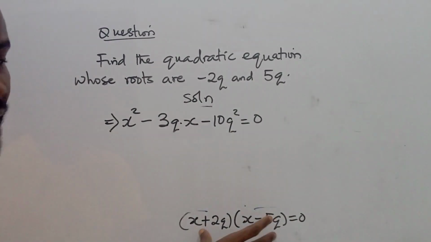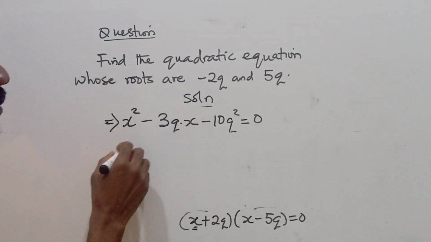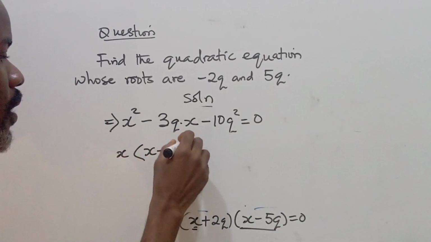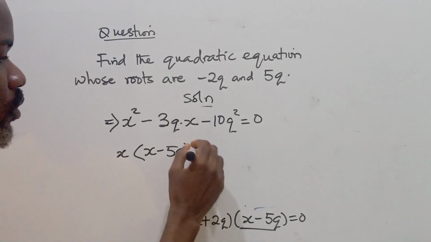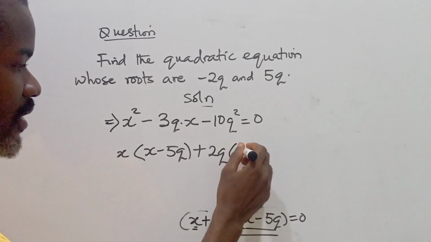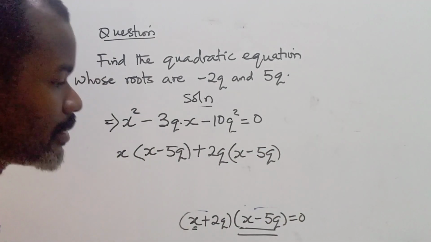Opening these brackets, I start with x, which multiplies all of x minus 5q. Then plus 2q multiplies all of x minus 5q again. That's how to expand the brackets.